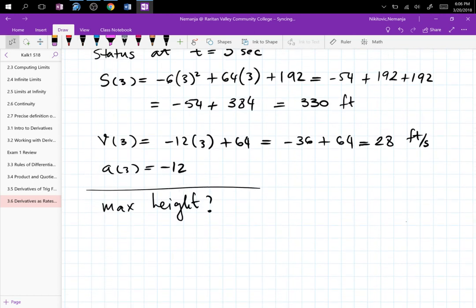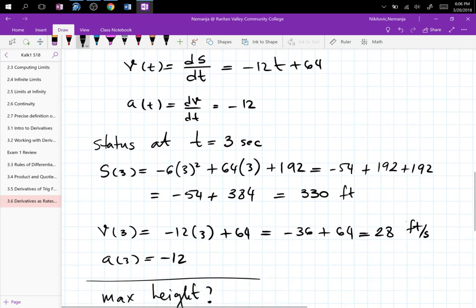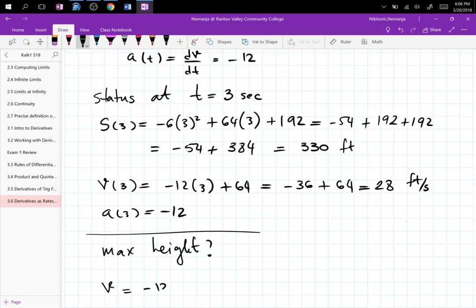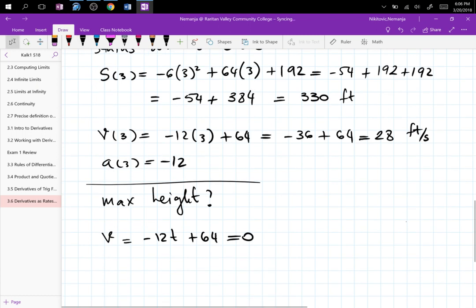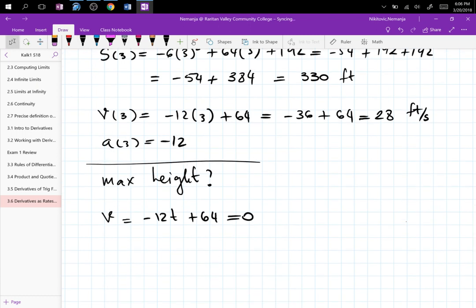So now what do we have? We have the velocity function v that is negative 12t plus 64. That's equal to 0. And then we have from there that t is equal to 64 over 12.